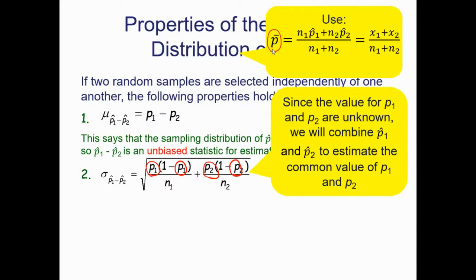Because if you notice in P bar, we're going to use the estimate for P1 hat and P2 hat. So we're using these estimates already to create this one common estimate.